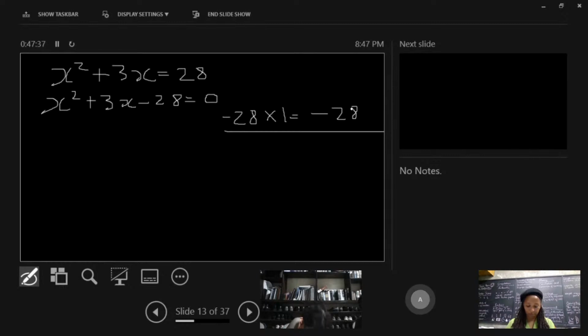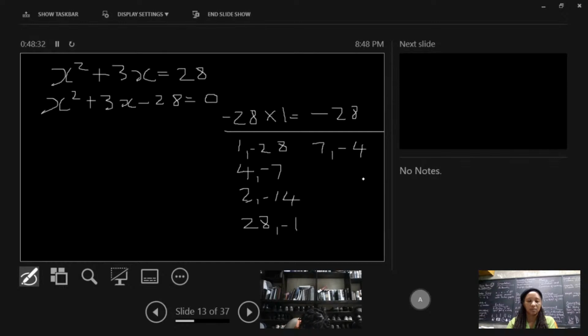And then the factors of negative 28 are 1 and negative 28, 4 and negative 7, 2 and negative 14, 28 and negative 1, 7 and negative 4, and 14 and negative 2.